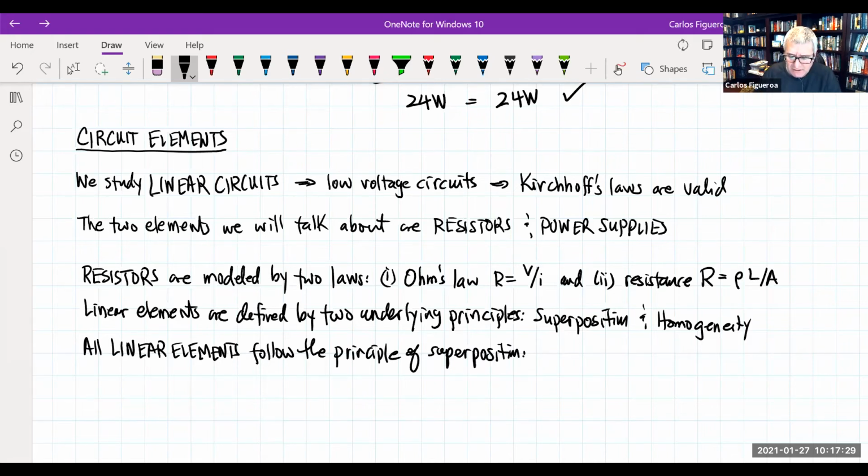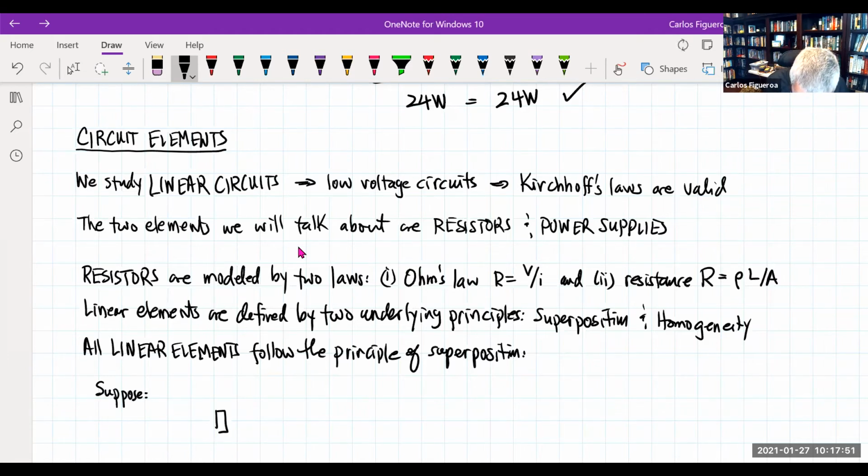I'll give you an example and not try to get into too much detail, but let's think about the following. Imagine that you have a circuit like this. So suppose that you have a circuit that looks like this.